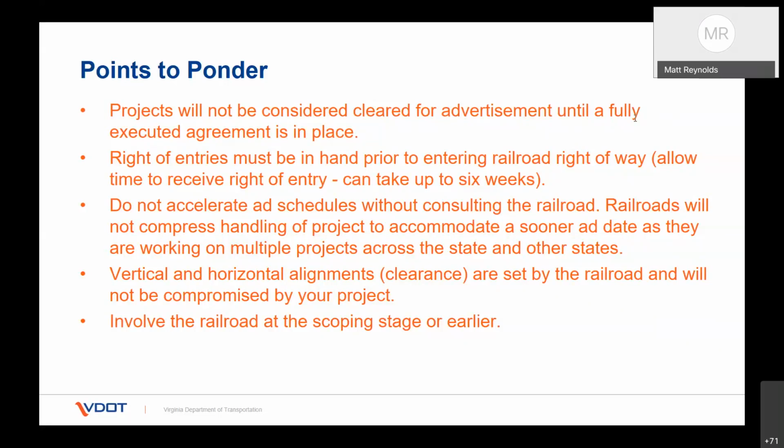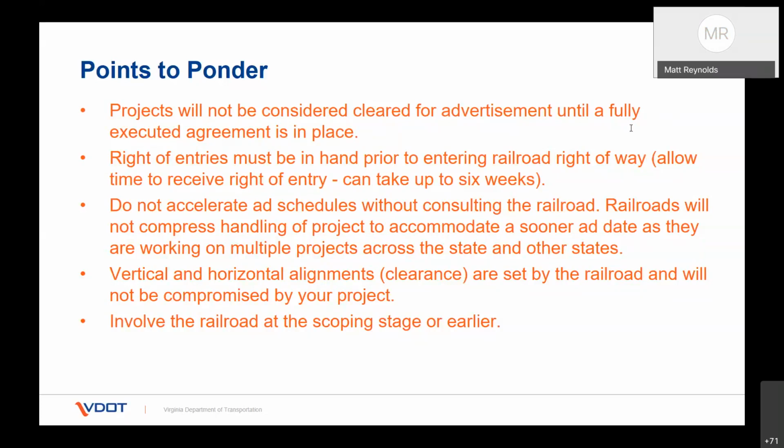So don't expect, while it may be an important project to a district, a locality, or to VDOT, that that means the railroad is going to provide more staff or more other people handling the project to help accommodate an earlier ad date than what we presented to them. The resources are limited, and we need to make best use of those.